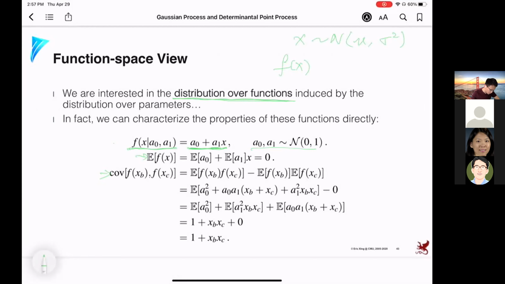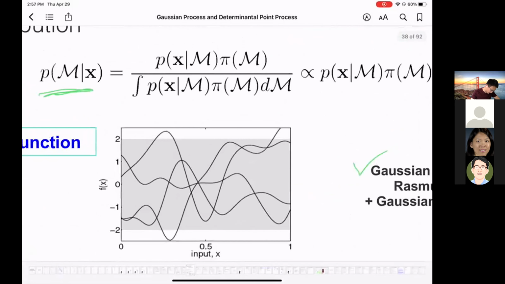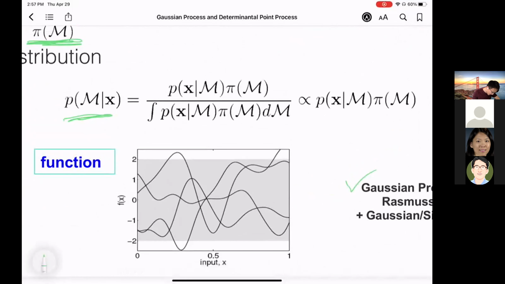If we look at this picture here, we may get many different curves. Each of them is a function. These two I just drew are two samples from this function distribution. I may draw a new one, a third sample from this function distribution.